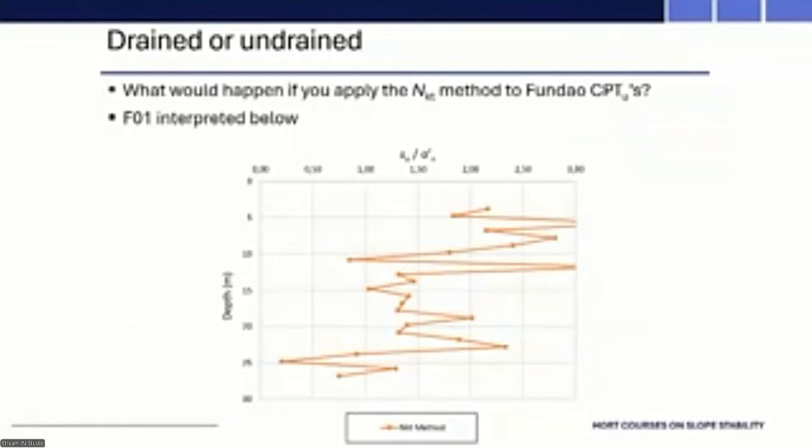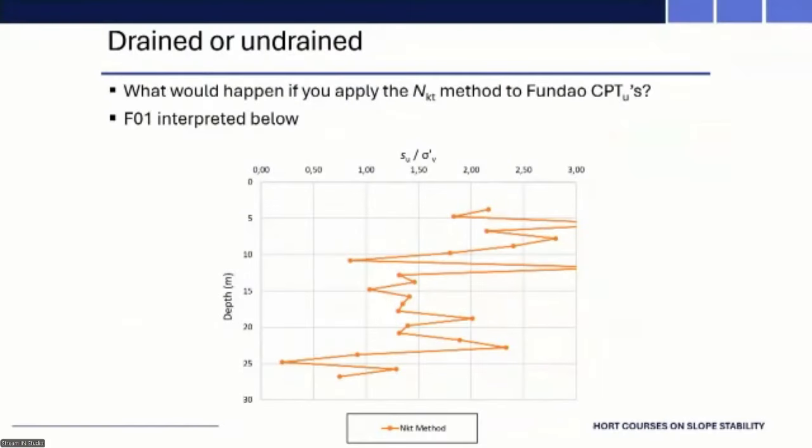So here we've got an interpretation of undrained strengths using an NKT method, but probably an incorrect NKT value. If you applied that to one of the Fundao CPT values, you would get an interpretation that said your undrained strength ratio varied according to that orange line shown there.